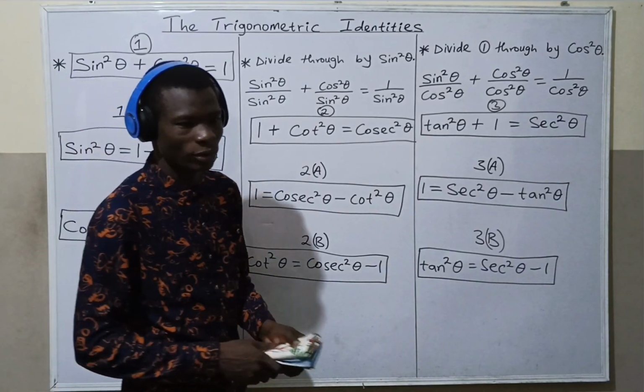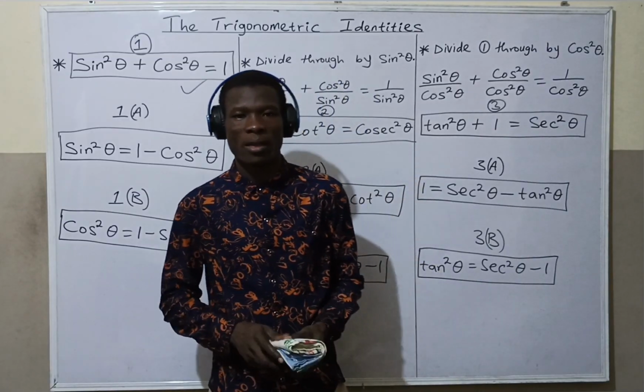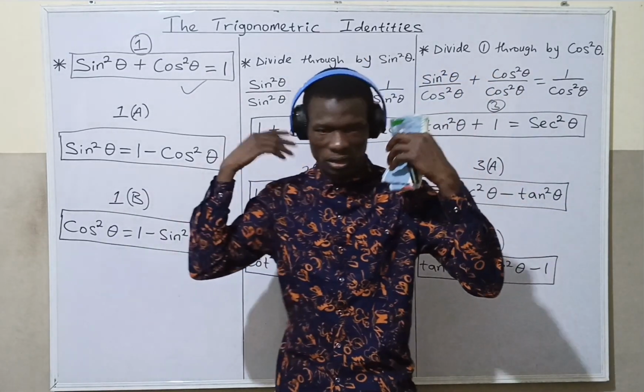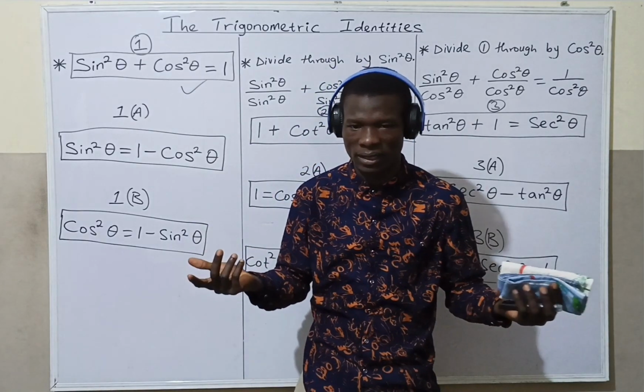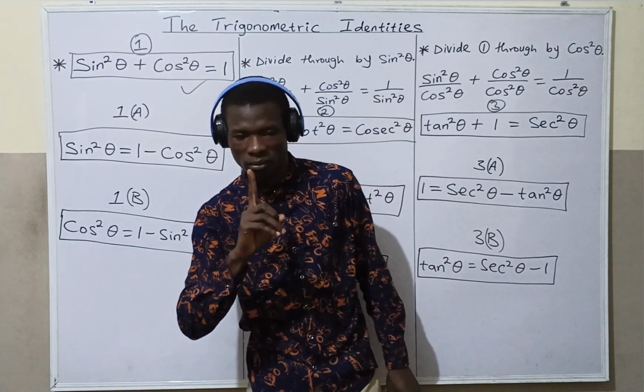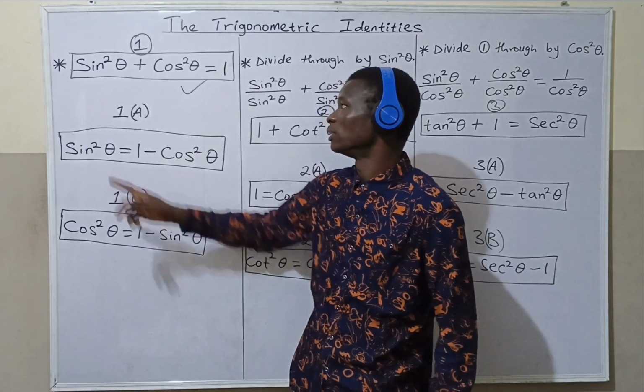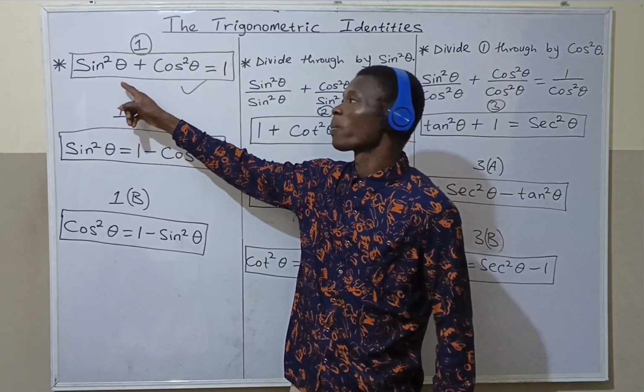But I say to you, very importantly, that you don't need to commit all of this to memory. You don't need to cram. The one weapon that you need is just this number 1 identity.